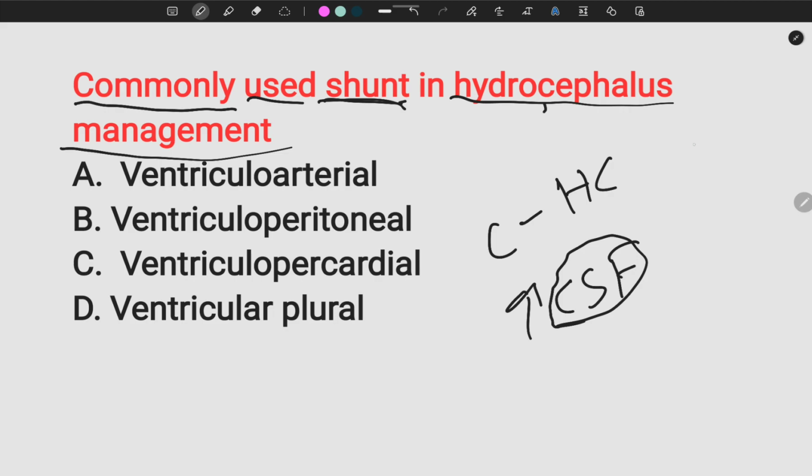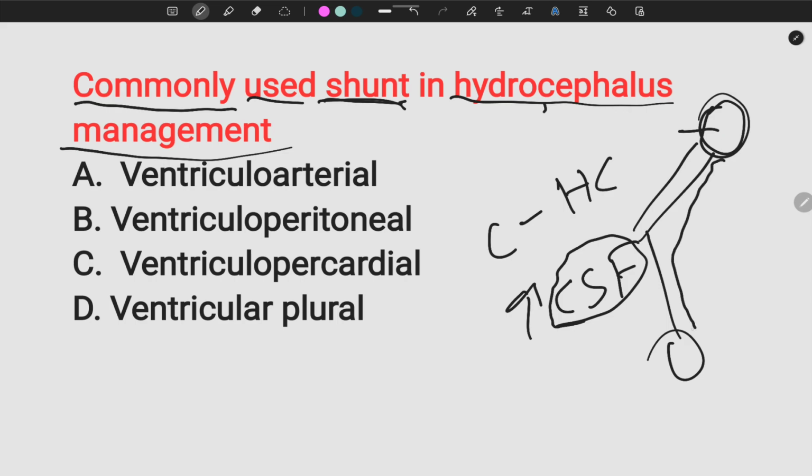A shunt is nothing but a connection from the ventricles of the brain to other organs. The fluid will come from the brain and go to the other organs, and the extra fluid will be excreted through the urine. So this is the method of shunt. What is the most commonly used shunt in case of hydrocephalus management?